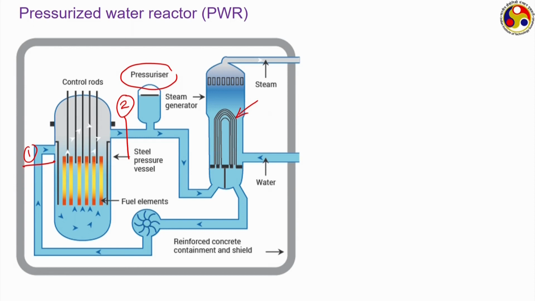Therefore, we can clearly say that in the case of a pressurized water reactor, we are using water as the moderator, as the coolant, and also as the working fluid. The steam which is produced in this steam generator is allowed to go through a turbine, where it will give you the work output.